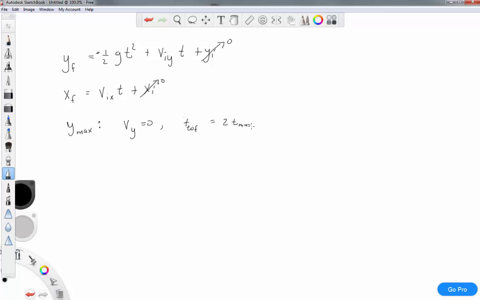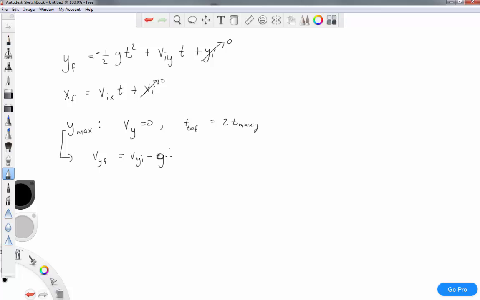Alright, so now we go through and we basically solve for these things. So this right here, what we're using is that the final v in y is equal to the initial v in y plus the acceleration in y, so basically minus g times the time.